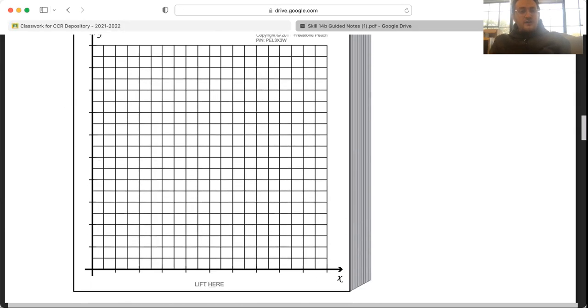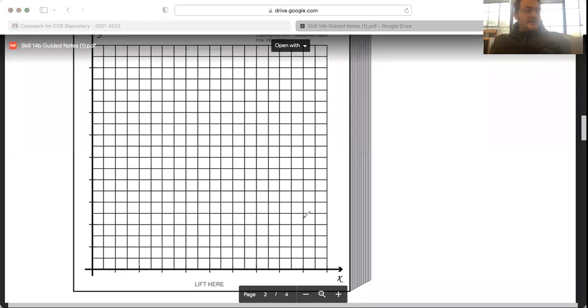We're going to label our axes so that the X value is dimes and the Y value is quarters. We'll go 1 dime or 1 quarter per square, and we get the pattern here.